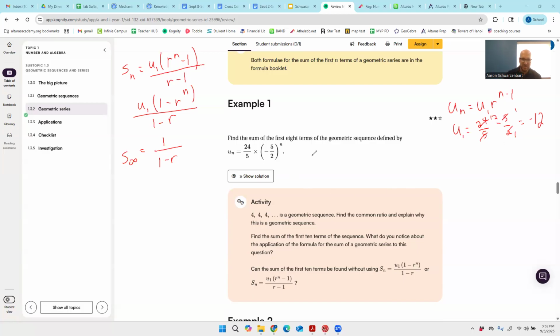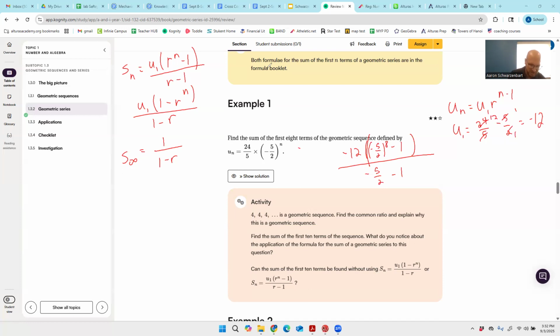Now find the sum of the first 8 terms. I'm going to use my sum formula: negative 12, negative 5 halves to the 8th minus 1, all over negative 5 halves minus 1. I'm using the formula that they did.